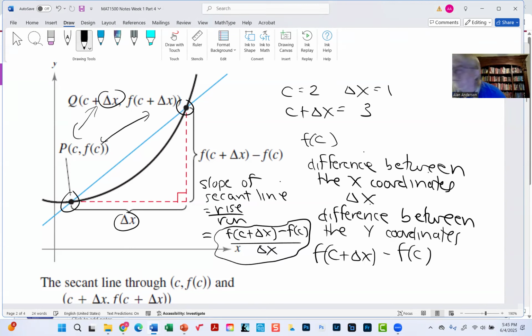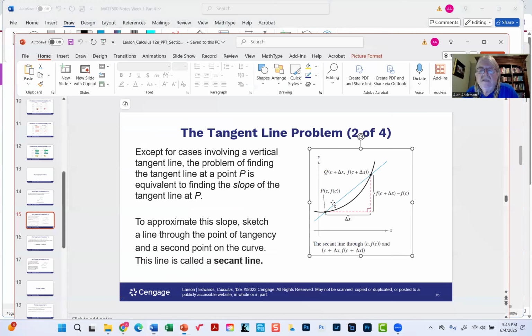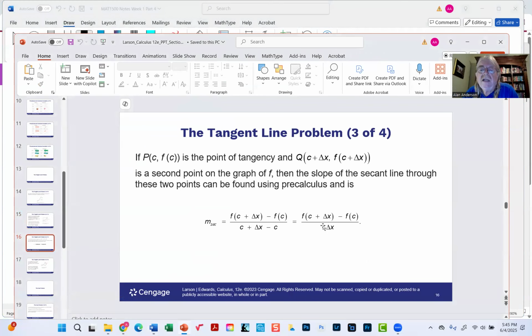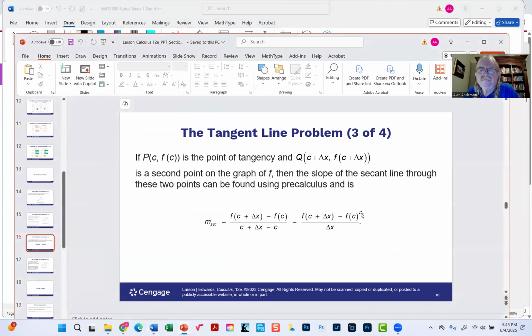So if we knew what the function was, the size of delta x, and the value of c, we could calculate the exact value of the slope of the secant line. And there it is right there. You notice how they're writing m sec, that stands for slope of secant line. So it's f of c plus delta x minus f of c, all divided by delta x.